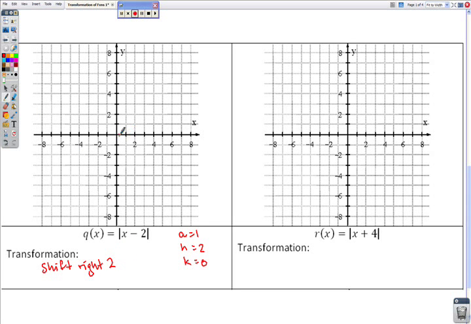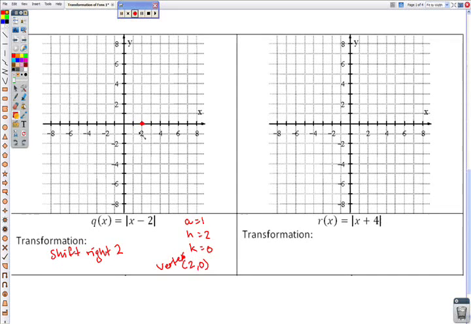Okay, we always start by graphing the vertex first. So our vertex is going to be 2, 0. You can plot that. And then our slope is still 1, because that's the value of a.